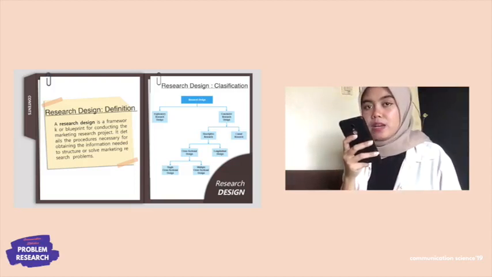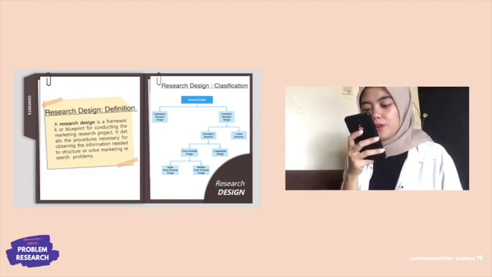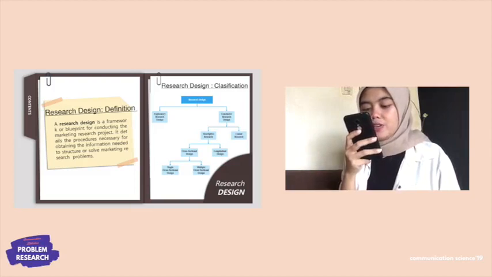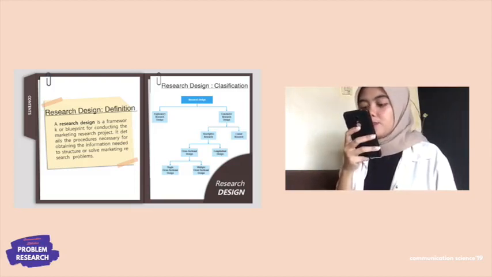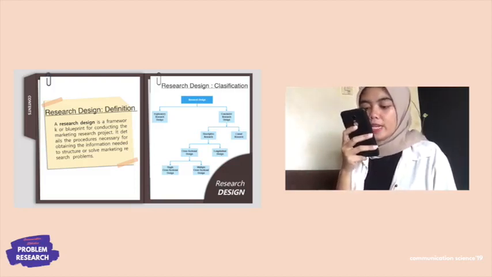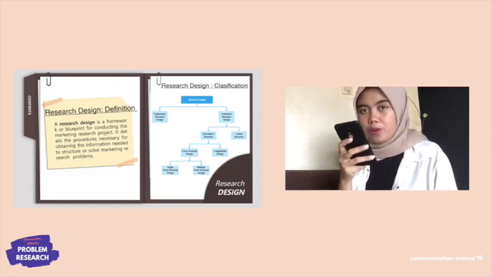First, exploratory research. The primary objective of exploratory research is to provide insight into and an understanding of the problem confronting the researcher. Exploratory research is used in cases when you must define the problem more precisely.